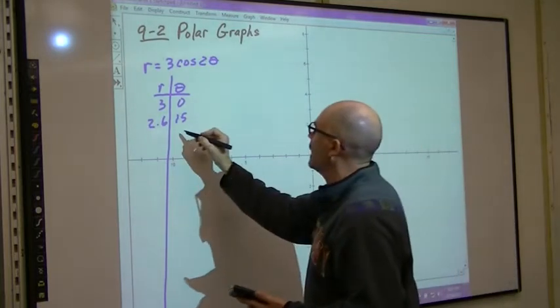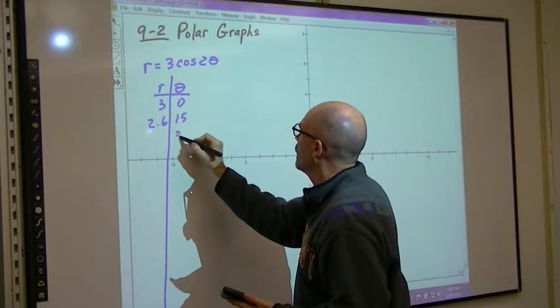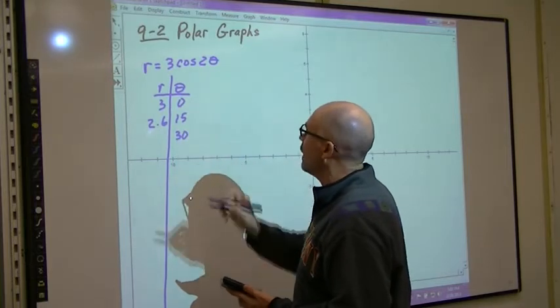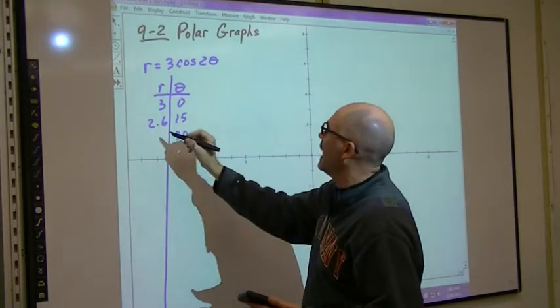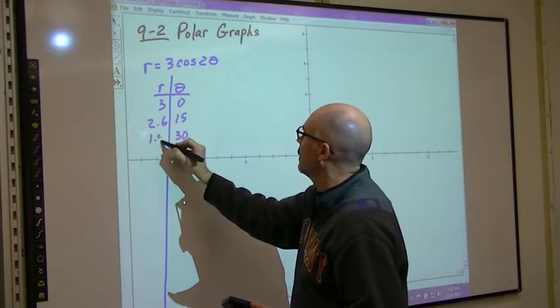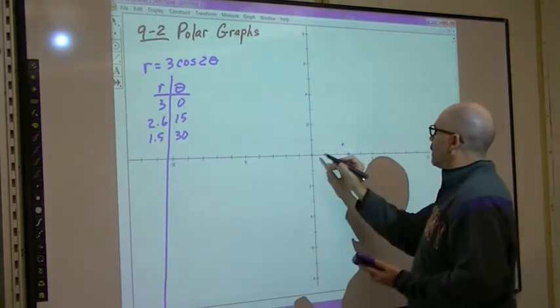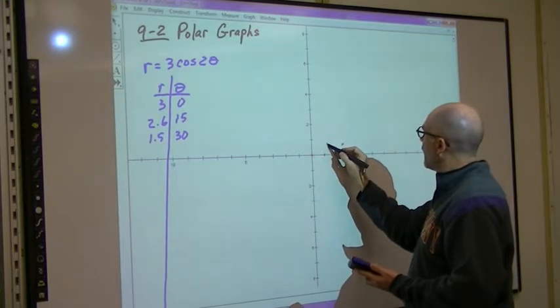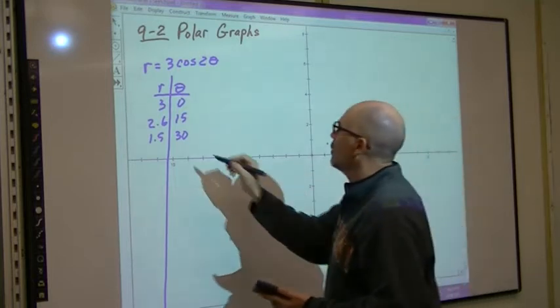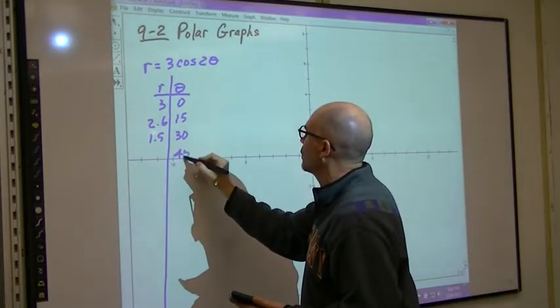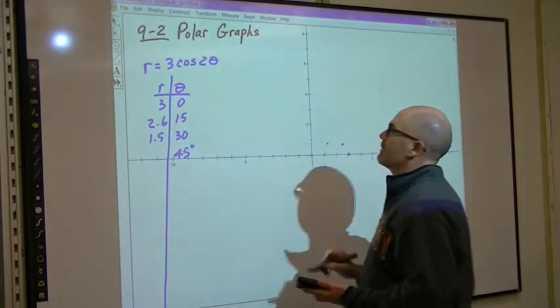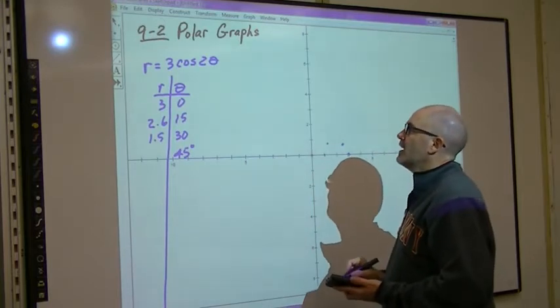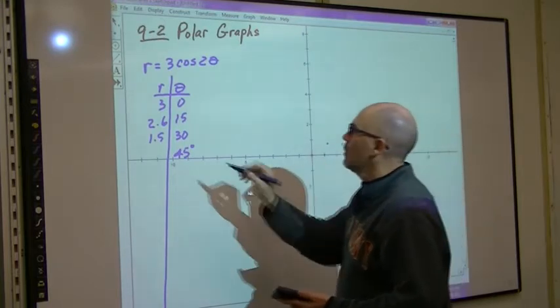Then I'm going to try 30 degrees. So now I've got cosine of 60, which is a half. 3 times a half is 1.5. So at 30 degrees, we're at 1.5. Now, if we go 45 degrees, 2 times 45 is 90, and cosine of 90 is 0.